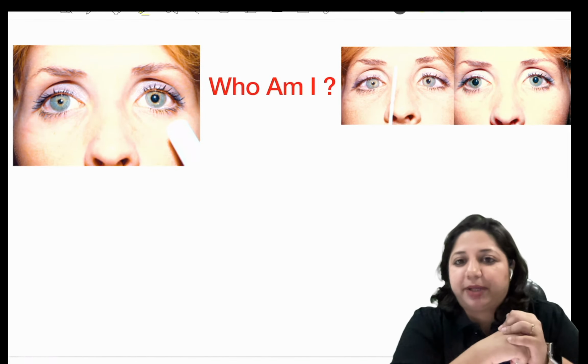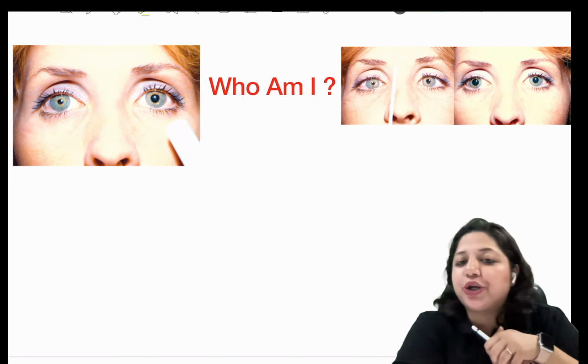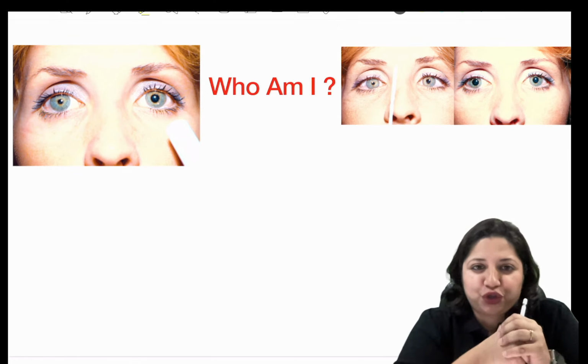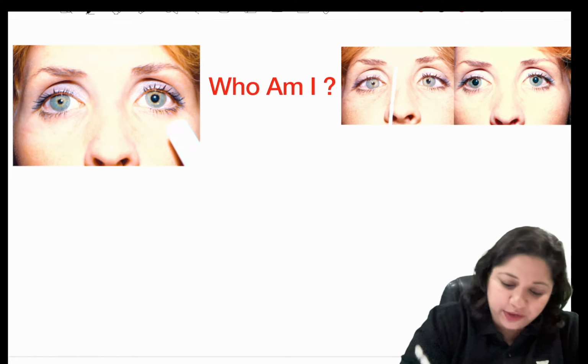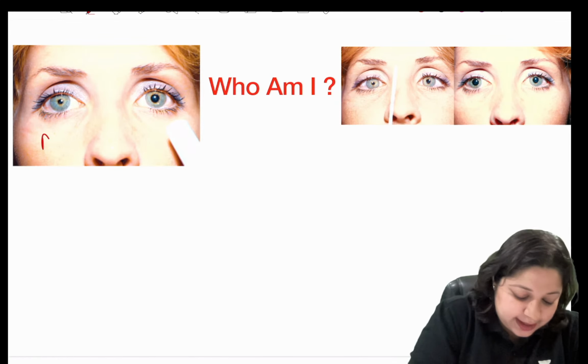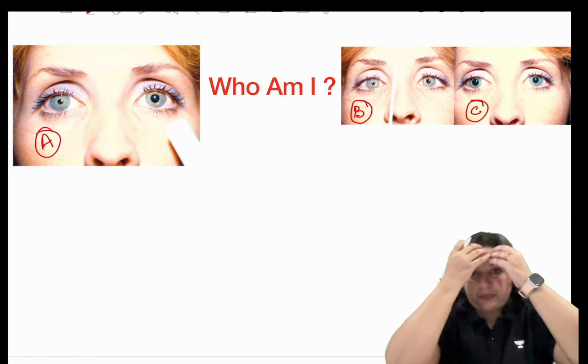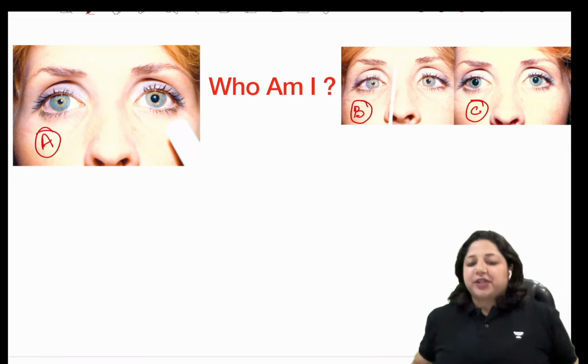Okay, now you have to tell me, who am I? So what do you see in this image? It's a very interesting image. So this is image A, this is image B, and this is image C. Okay, tell me, what can you see here?